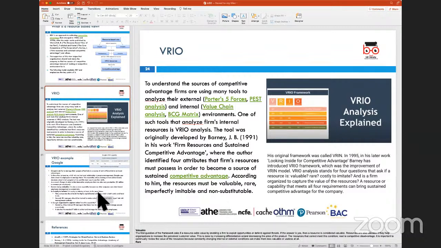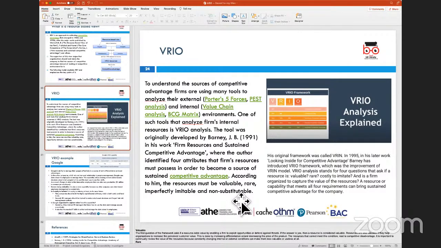Yes or no. Is the resource which is going to be used to produce the product costly to imitate? Is it going to be easy to replicate? Yes or no. And is the resource, at the end of the day, used to create the product, manufacture the product, and then sell it to the market, meeting the customer's requirement, going to allow the company to capture market share, make profit, and capture customers from the market?